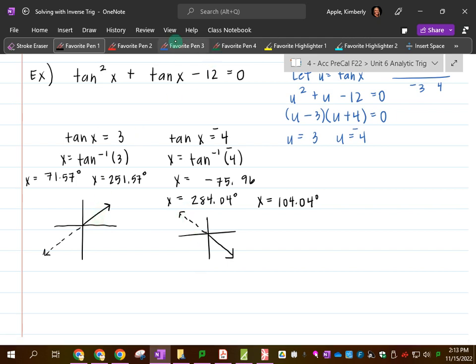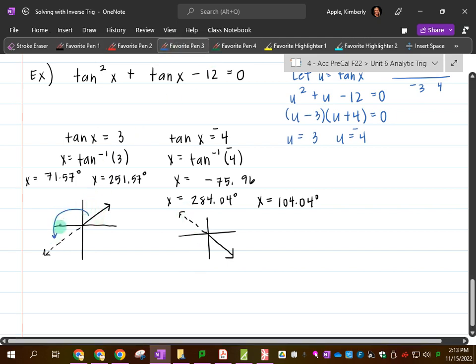It gave me this one, and then I added 180 to get the second one, and here it gave me this one, so I had to back up. It just depends. That's about as bad as it gets. It really doesn't get worse than that.